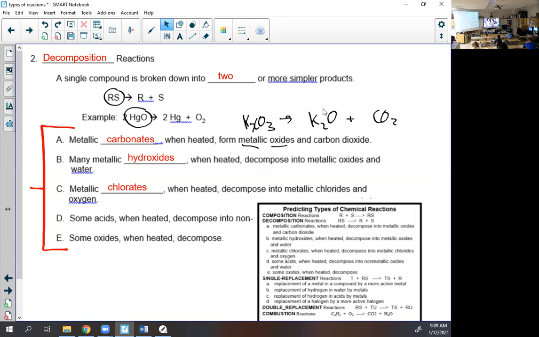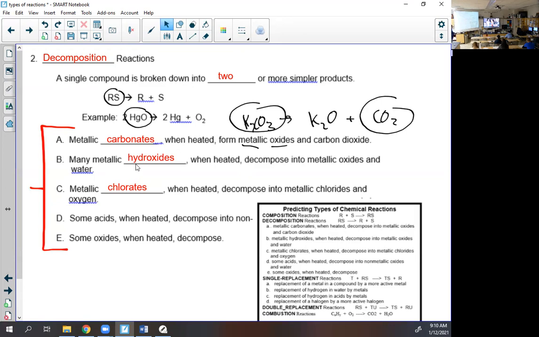These are what you have in fire extinguishers because they're a powder that you spray on a fire. It uses the heat to produce CO2, which puts the fire out. It destroys the oxygen around it.